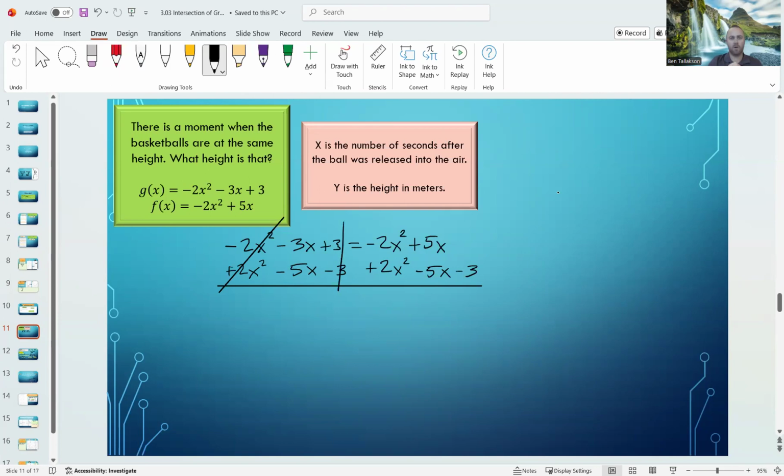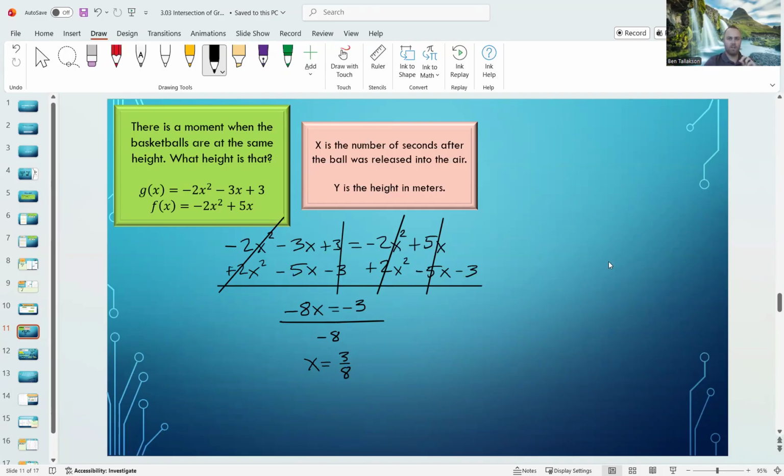These terms go away. And these terms go away. And these go away. That is very nice. We're only left with negative 8x equals negative 3. We divide by negative 8 on both sides. X is positive 3/8.